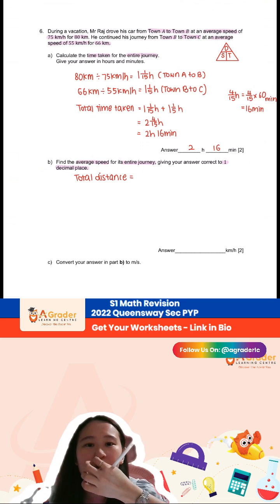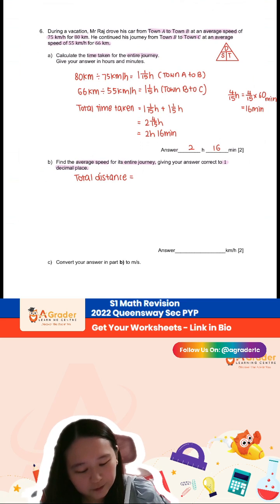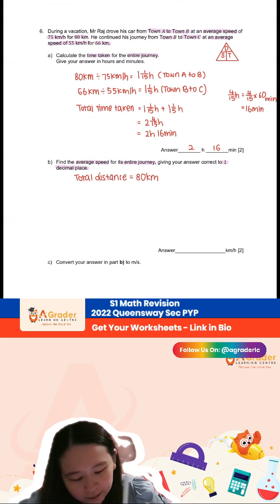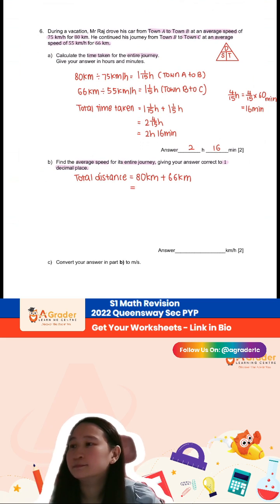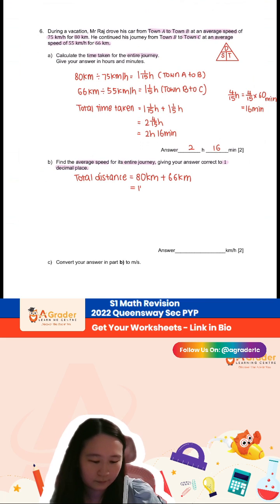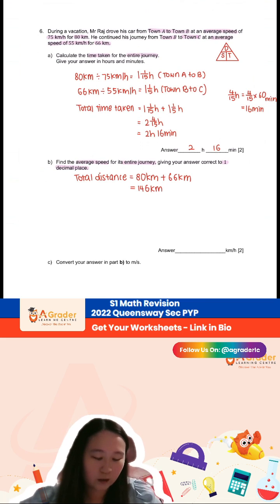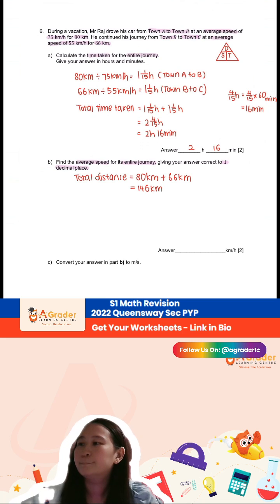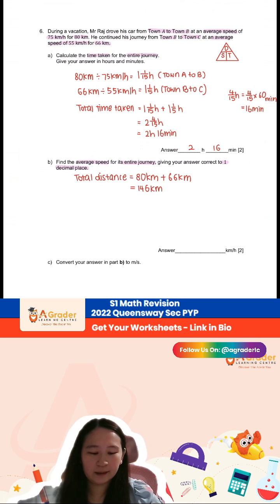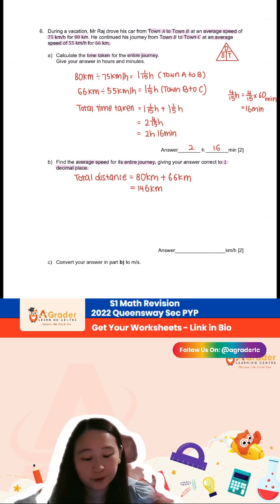The total distance is the first part, 80 kilometers, and then the second part, 66 kilometers. So the distance is 146 kilometers. Then we can find the average speed because we already found the total time taken in part A.